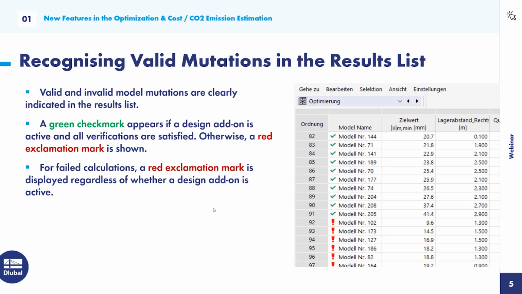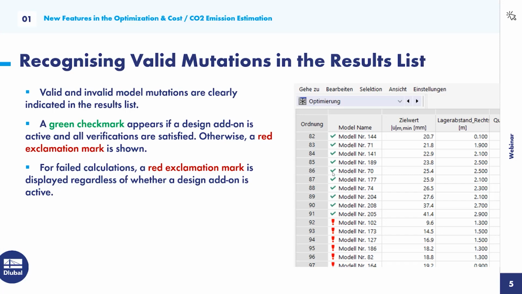A valid model mutation is defined if you are using a design add-on in the background. This means all verifications within the activated design add-ons, it could be that you use several ones like steel and concrete and timber together, are satisfied. If everything is fine and the verifications you set up in these add-ons are fulfilled, you will see a green check mark.